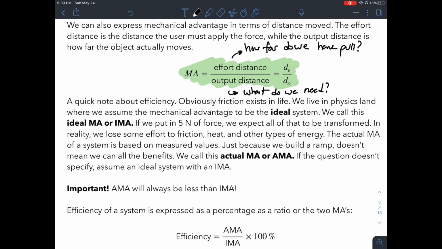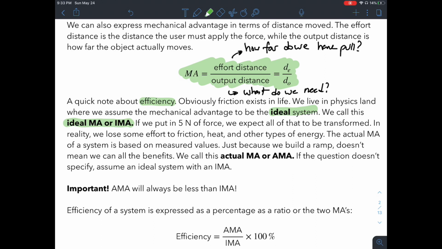We're going to talk quickly now about efficiency, because friction exists. A lot of times in physics, we assume that we live in a frictionless world, but that's just not true. So when we talk about mechanical advantage, we talk about an ideal system where there's no friction. We call this the ideal mechanical advantage, or IMA.